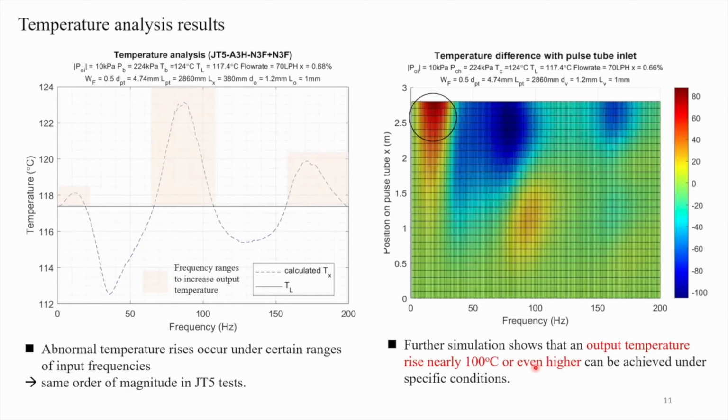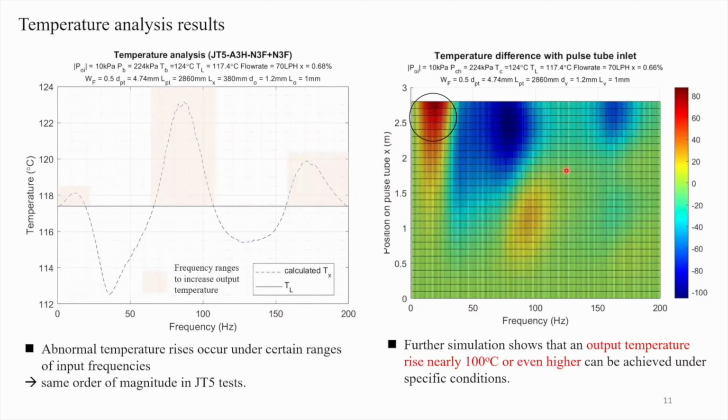So the results show that only excitations with some appropriate frequencies will cause the temperature rise. The simulation results shown here are in the same order with our practical experiences.